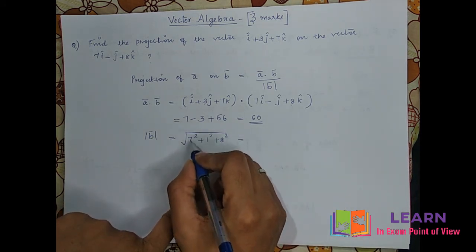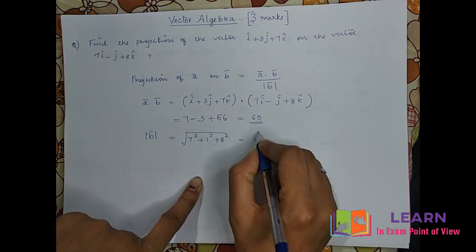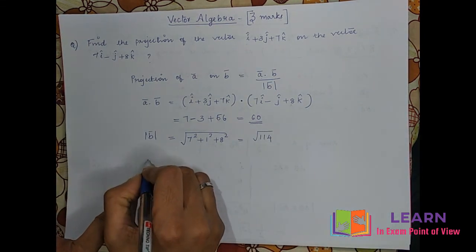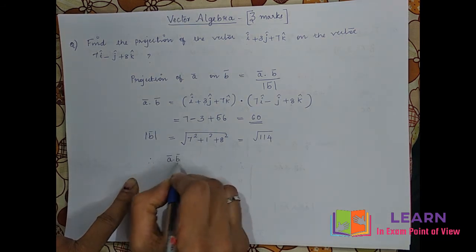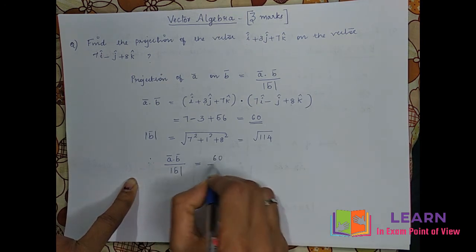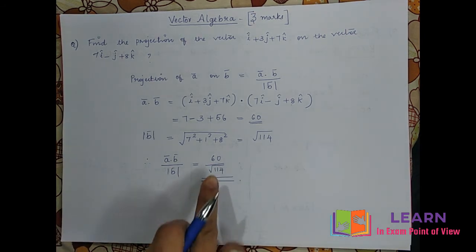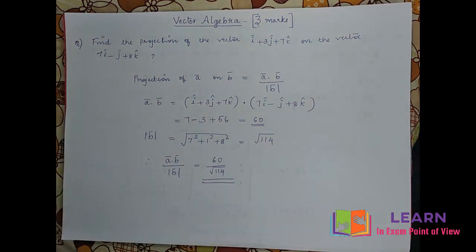On squaring, 7 square is 49, plus 1 plus 64, that is root 114. Then the answer: A dot B by mod B, that is 60 by root 114. This is the projection of A vector on B vector. Clear, students? Okay. So one more type we can check.